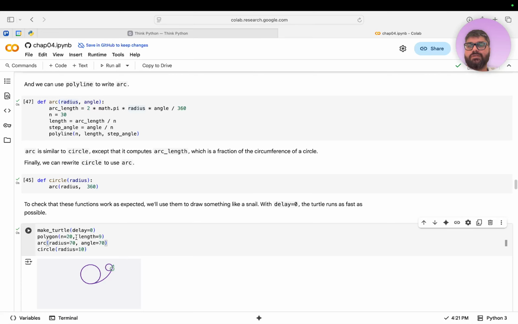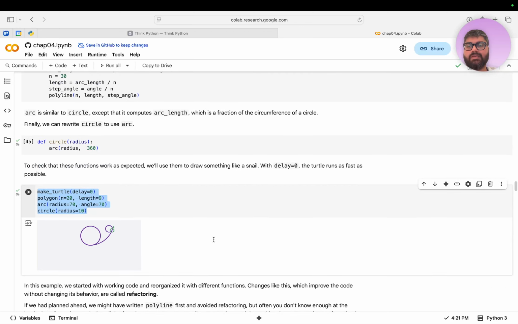Okay, so we just give it an arbitrary size and length into polygon, which is what we were doing with circle, except we had fixed it to n equals 30 and we gave n equals 20 in polygon. And then we created the arc and then we did the circle. Okay, that makes sense.